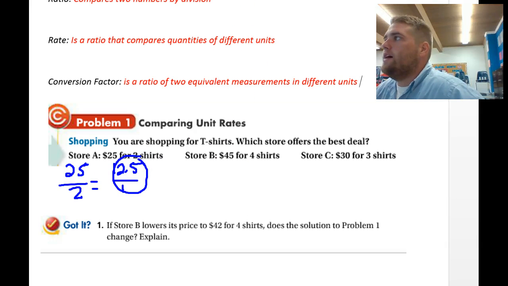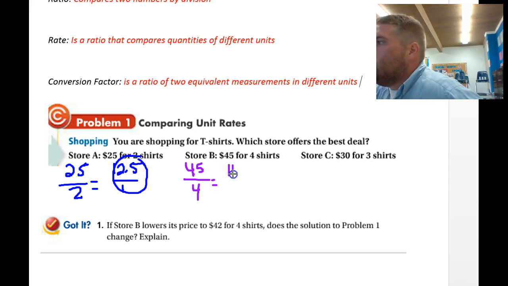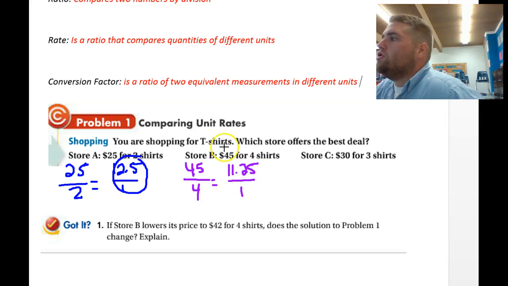That's how much the shirts cost at store A. At store B, it's $45 for 4 shirts. When we break that down into a fraction and plug that into my calculator, I get $11.25 for 1 shirt. So clearly store B has a better deal.